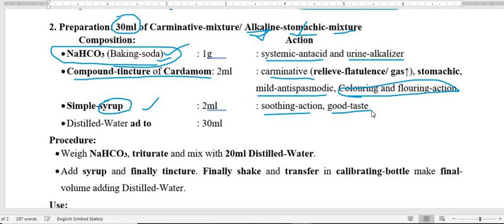So the main purpose of adding in soda bicarb or alkaline stomachic mixture, we are putting tincture of cardamom, as well as the simple syrup, to make it good in flavor.